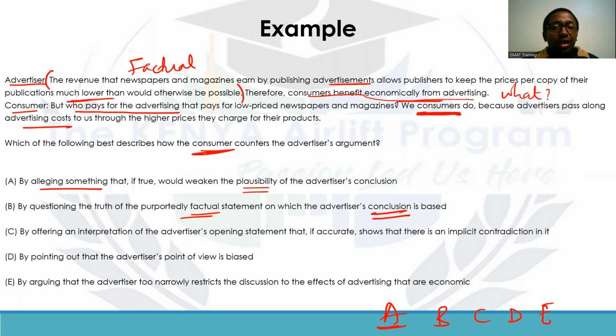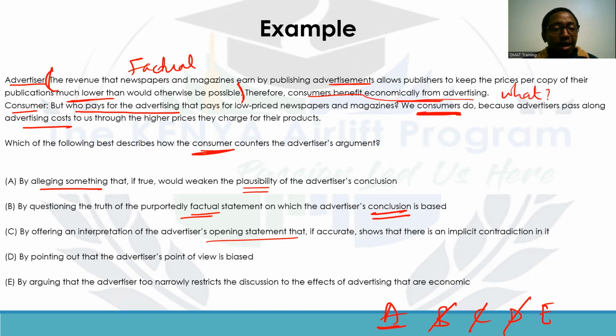Now they introduce another premise that challenges this conclusion. So B is out. C, by offering an interpretation of the advertiser's opening statement that, if accurate, shows that there is an implicit contradiction in it. We know that's not true. We know that there is another premise that was introduced. D, by pointing out that the advertiser's point of view is biased. We do not see any evidence of that, so D is automatically out.